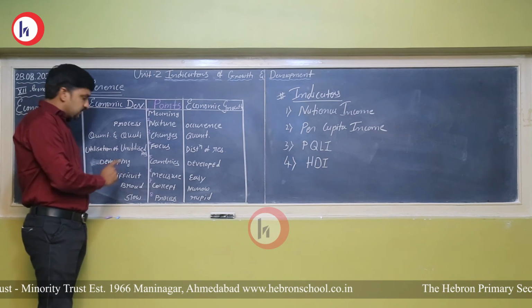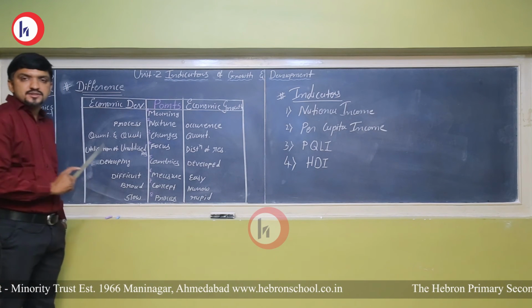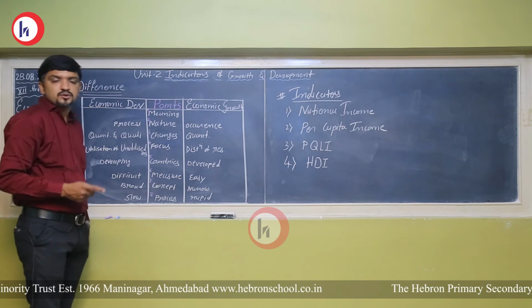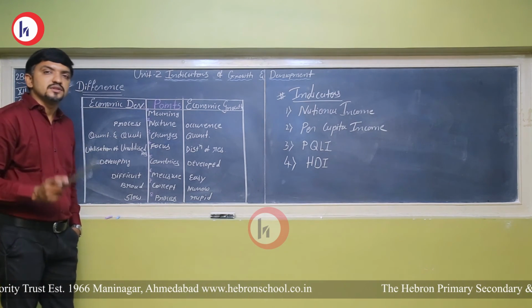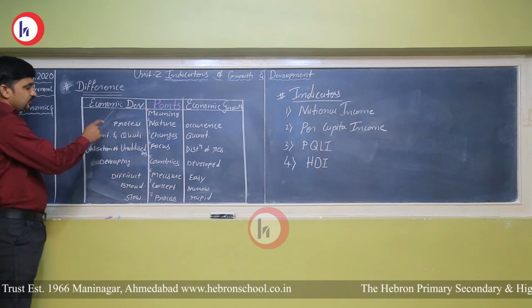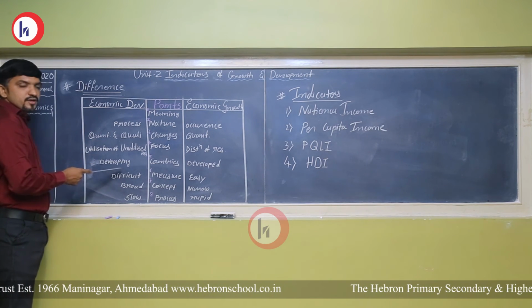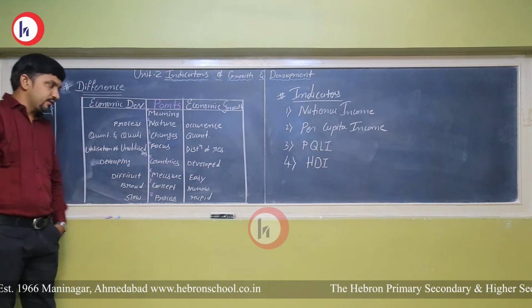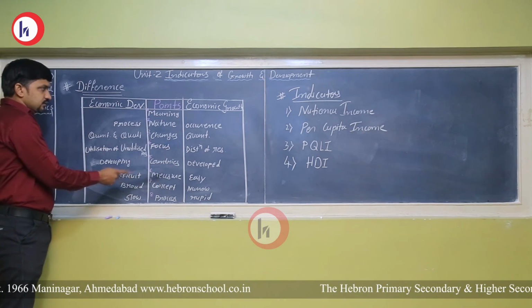Number 4, focus. Focus is on utilization of unutilized resources, and here focus is on distribution of resources. Number 5, countries. Economic development is for developing countries and economic growth is for developed countries. Then measure.